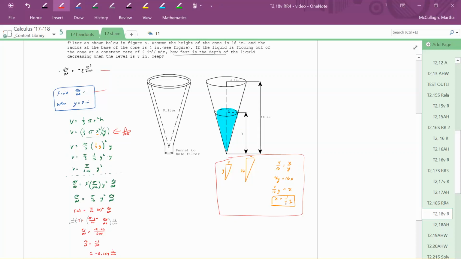So I found x in terms of y and put that 1/4 y in where this x is. That simplified my equation, and once it's simplified, I can go ahead and take the derivative. After I take the derivative, I can look at this point in time, when y is 8, and solve for dy/dt. So again, hope this helps.